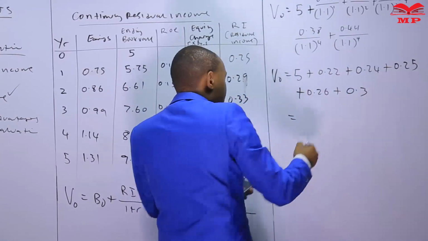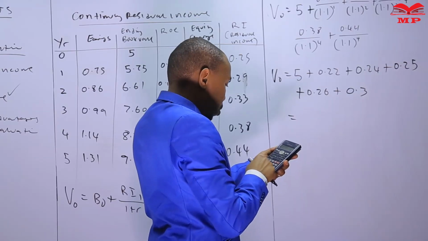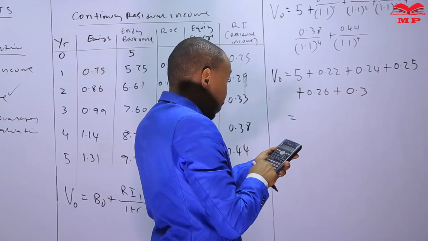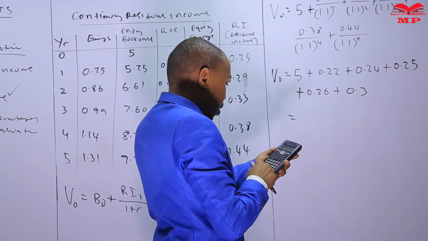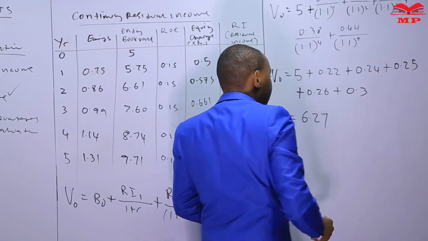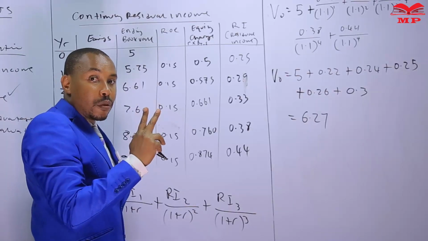Putting it all together, we have 5 plus 0.22 plus 0.24 plus 0.25 plus 0.26 plus 0.3, we have 6.27 like that. That is applying the second assumption.